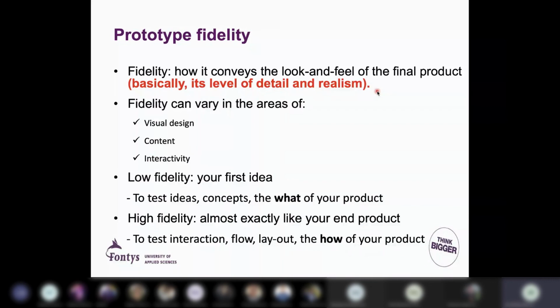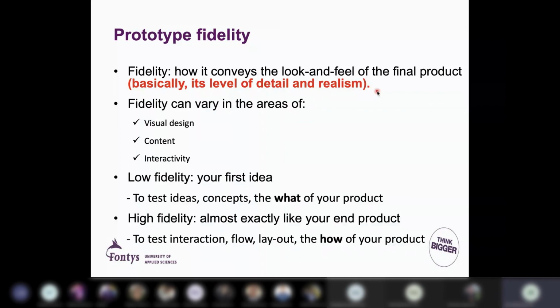I just make up some words or lorem ipsum. Maybe you have read this lorem ipsum text to test fonts and content. If you don't have real content, that's not a realistic model, right? A prototype. So in that specific case, we are talking about a low fidelity prototype.